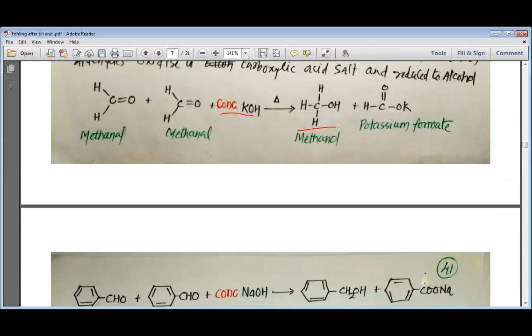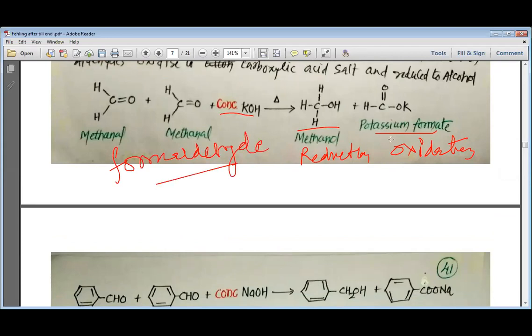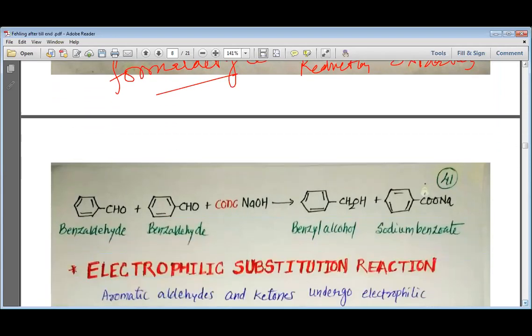One methanal undergoes reduction so that we get alcohol, that is methanol, and on oxidation it gives carboxylic acid, but it gives the potassium salt of the carboxylic acid, and you get potassium formate, because methanal is also known as formaldehyde, and methanoic acid is also known as formic acid, and that is why the potassium salt of formic acid is known as potassium formate. You can even write potassium methanoate.